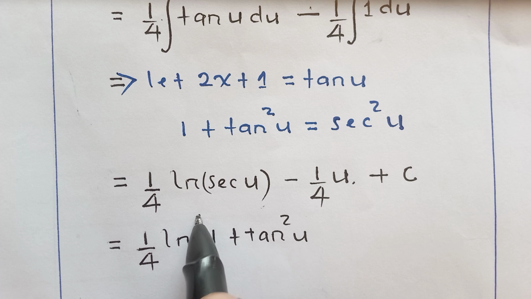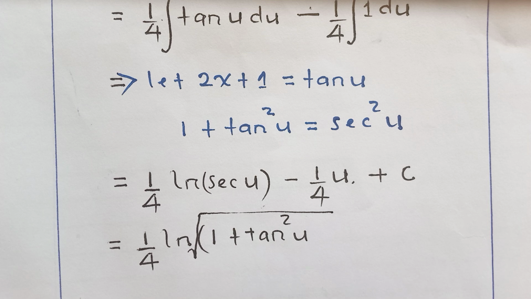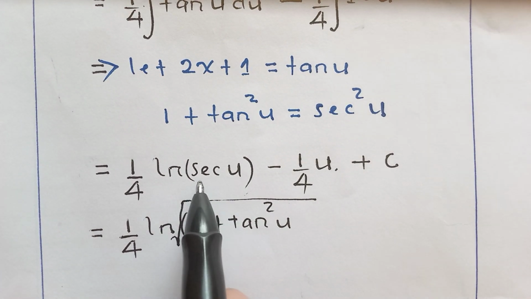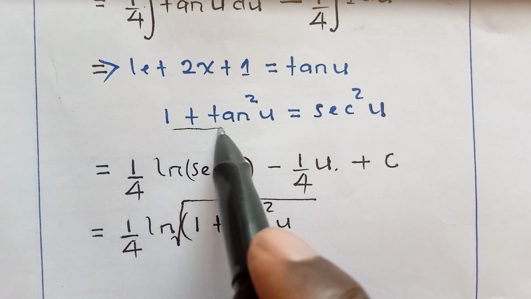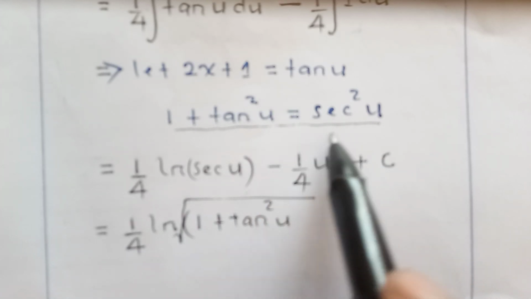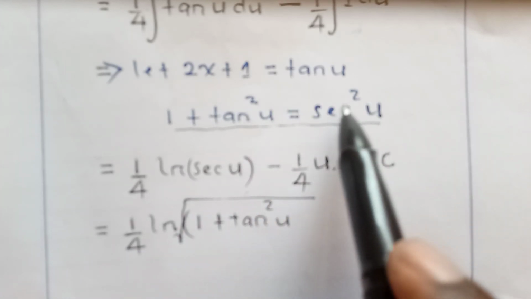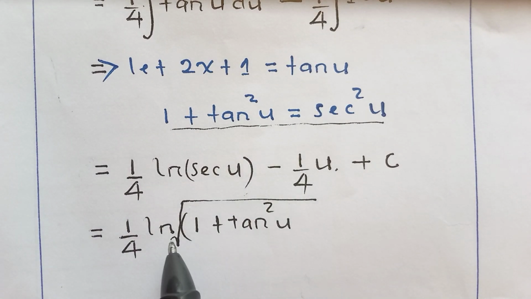This is now the square root for the sec u, still in terms of u. And this one is gotten from this equation. Because if you take the square root of this side, square root of this side, this is going to be sec u, which we have here.